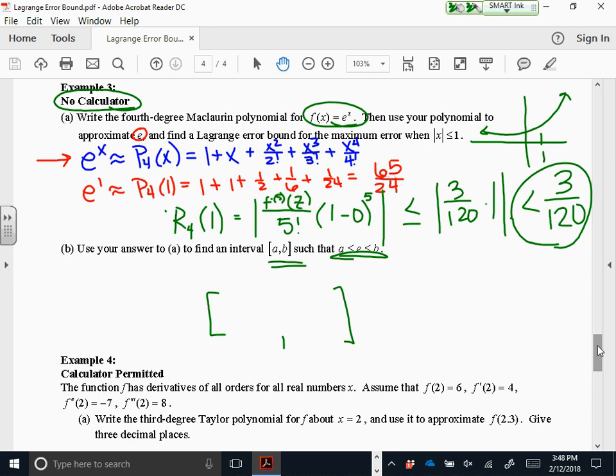If we take 65 over 24 and add our error, and then if we take it and we subtract our error. And I know those aren't reduced. Feel free to reduce them if you wish. But when we're working without a calculator, I'm not going to get too picky about that.